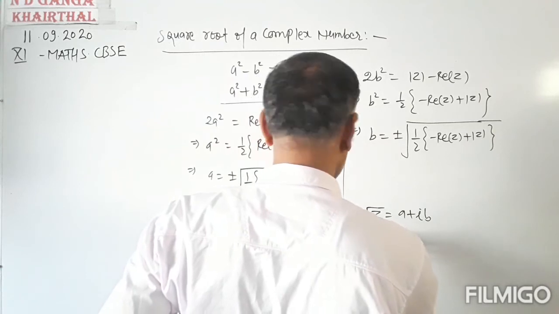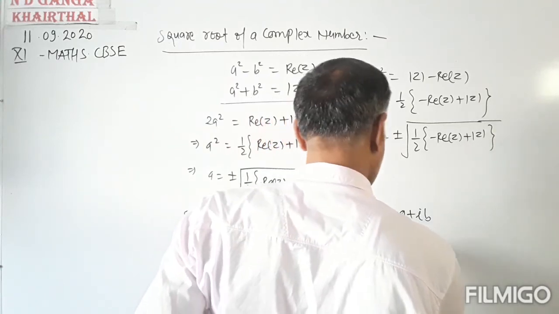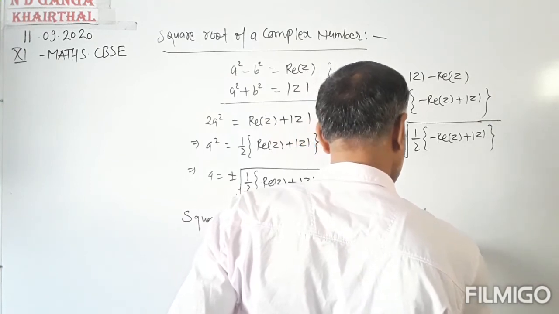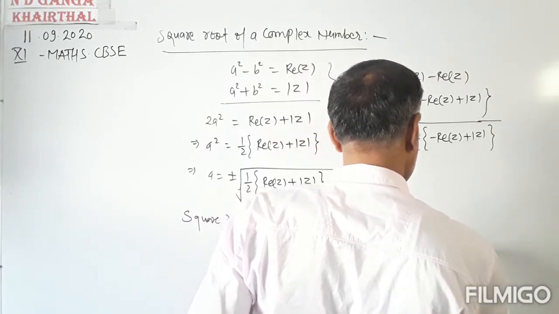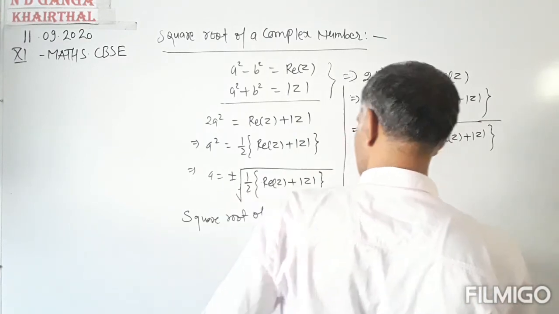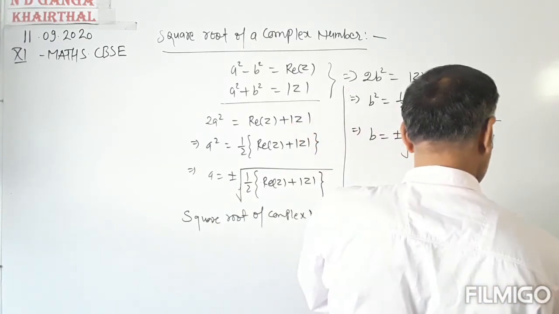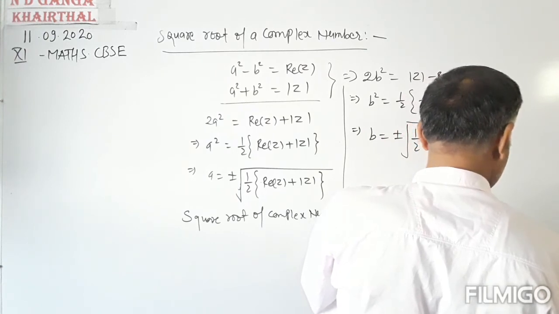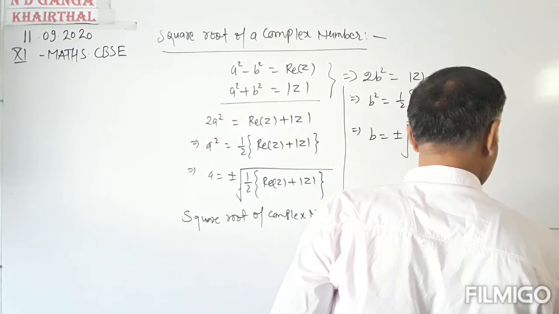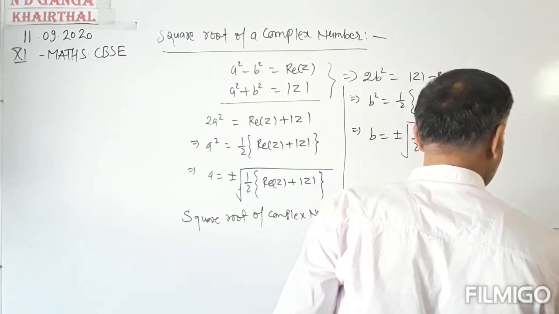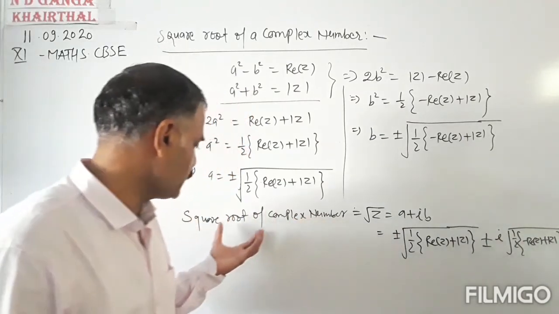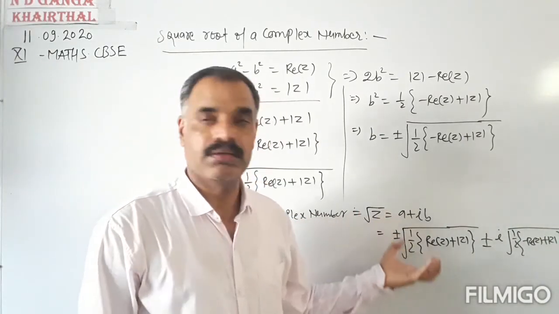Putting a and b, we get plus minus under root half of real part of z plus magnitude of z, plus iota times plus minus under root half of minus real part of z plus magnitude of z. This is the square root of a complex number.